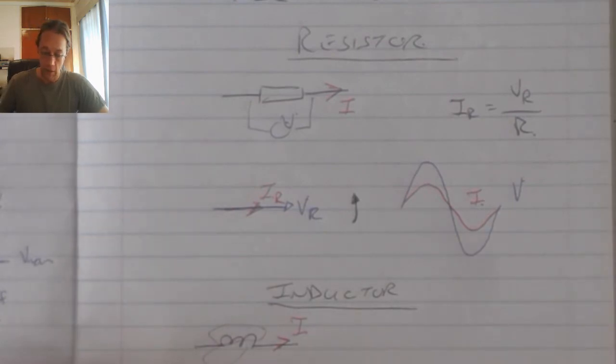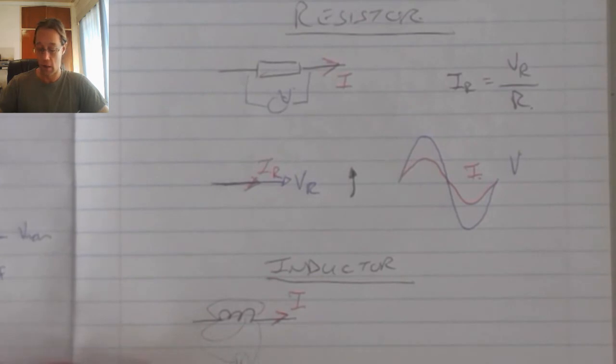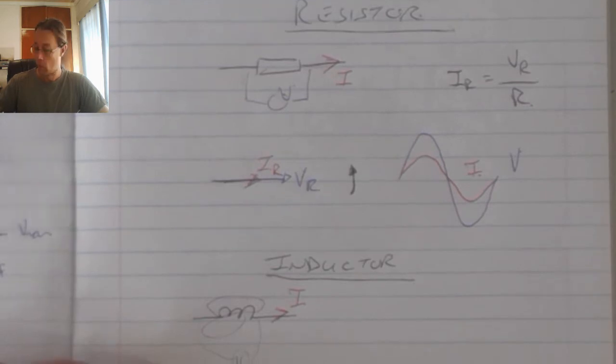Because of that, my inductor will generate a voltage, and the effect of that voltage and that current is that there is a delay in the current flow that is generated or allowed through the inductor.